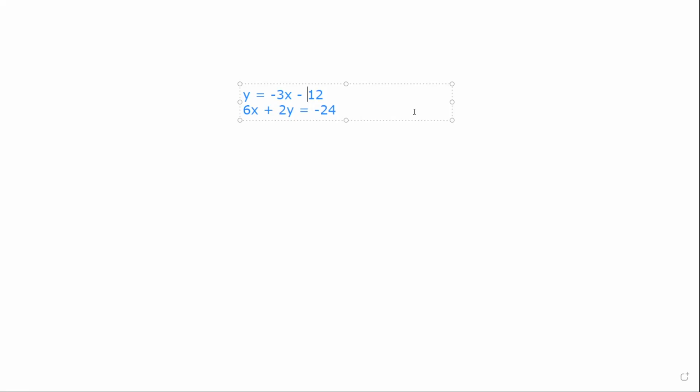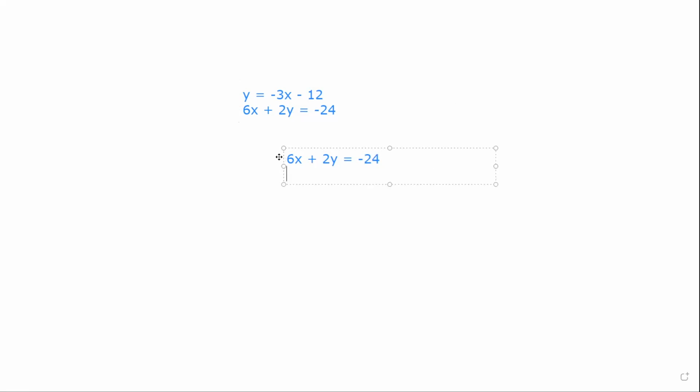And what do we do with the standard form equation? Convert. Solve for y. Because we don't know what kind of solution we have for this system because our equations are in two different forms. So 6x plus 2y equals negative 24.